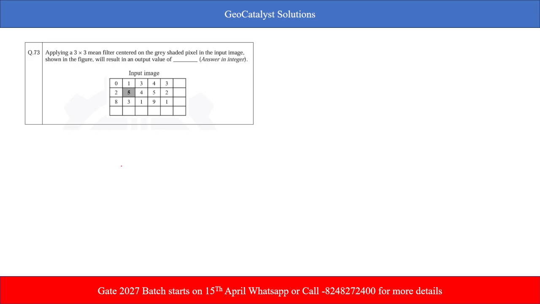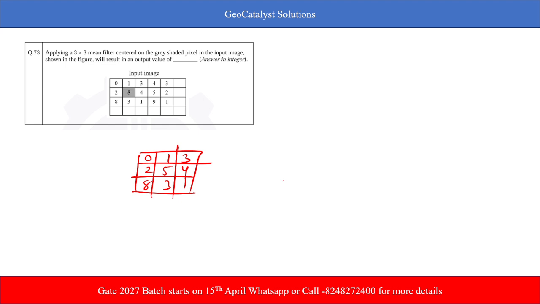So here, applying a 3 into 3 mean filter centered on the gray shaded pixel in the input image shown in the figure will result in an output value of dash. So when our kernel is here, the pixels covered will be 0, 1, 3, 2, 5, 4, 8, 3, 1.